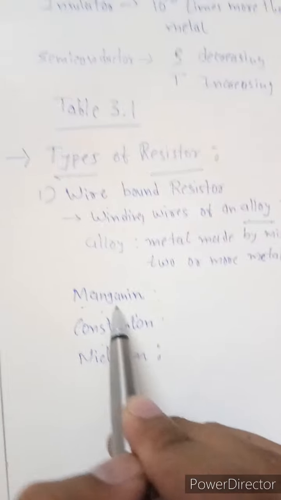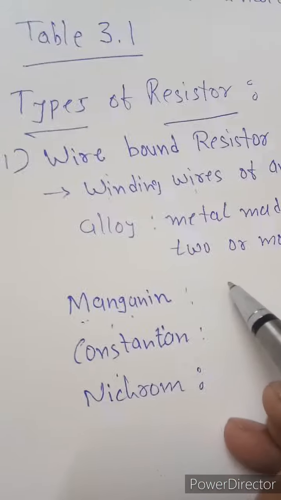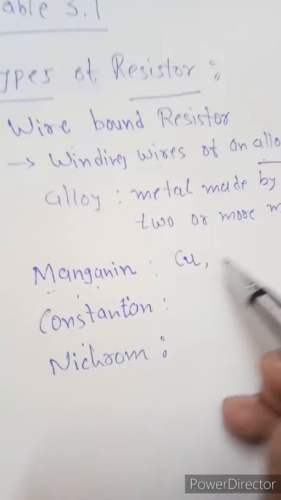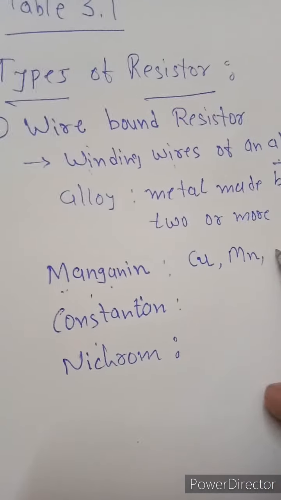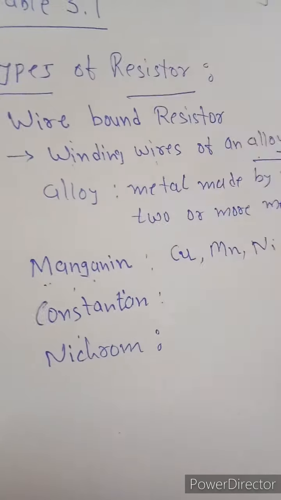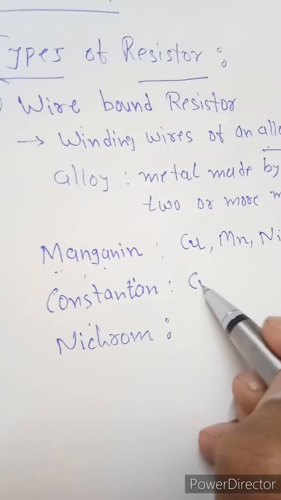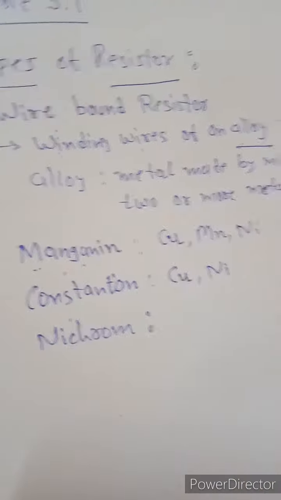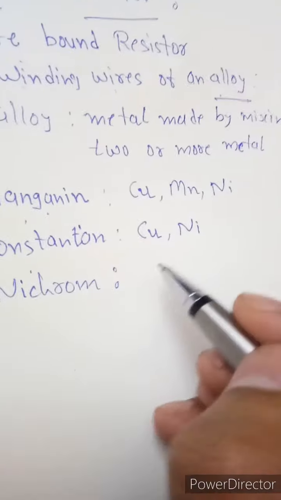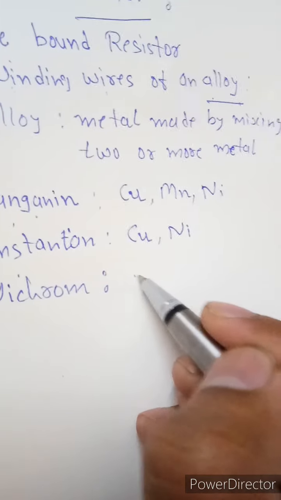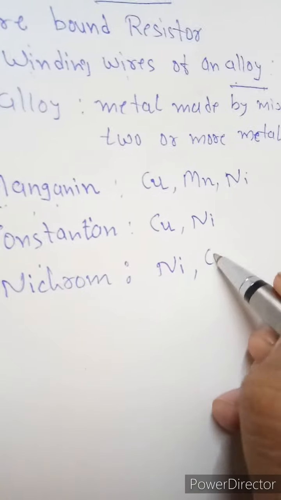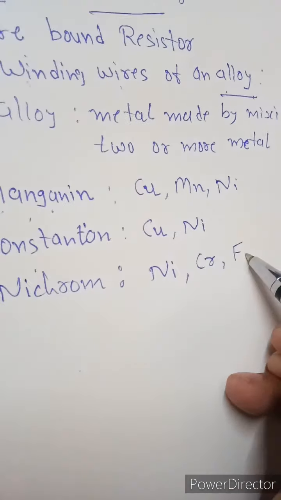Manganin is a mixture of copper, manganese and nickel. Constantan is a mixture of copper and nickel. Nichrome is a combination of nickel, chromium and iron, which is Fe.